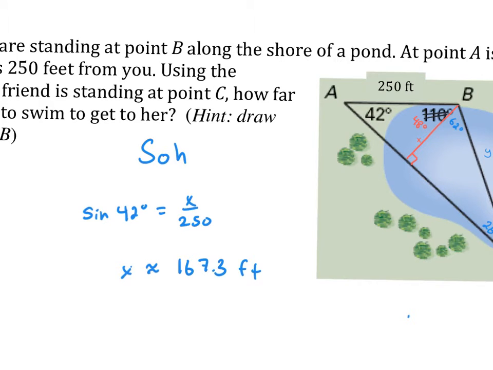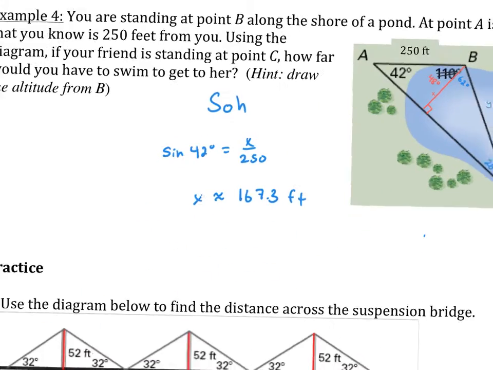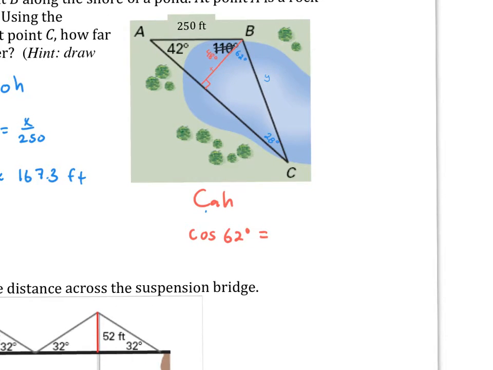And now I can use that value here and the 62 degrees. So relative to 62, this one is my adjacent, and that is my hypotenuse. So adjacent and hypotenuse, that's cosine. So the cosine of 62 degrees is approximately equal to 167.3, because the 167.3 is an approximation, over the unknown y.